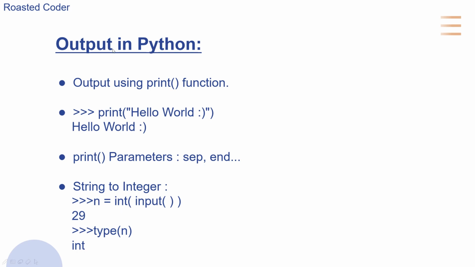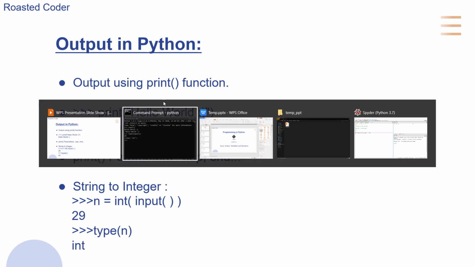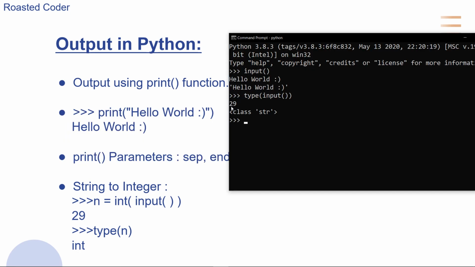So let's talk about output in Python. In Python, we output something using the print function. You can see it's printing hello world.